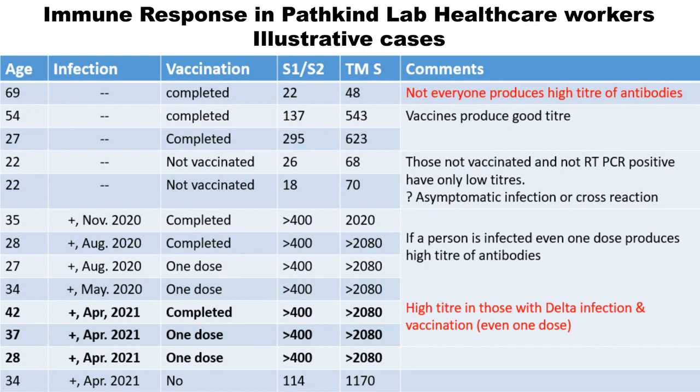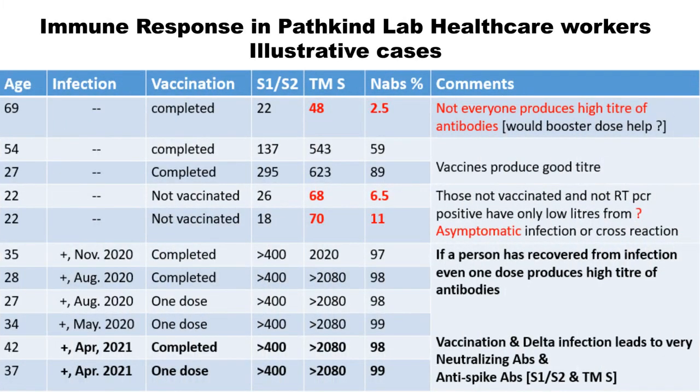But those who had vaccination as well as suffered from infection either in 2020 or 2021 by the Delta variant had very high titers of antibodies. Even one dose and infection, or infection and one dose, produced very high titers.